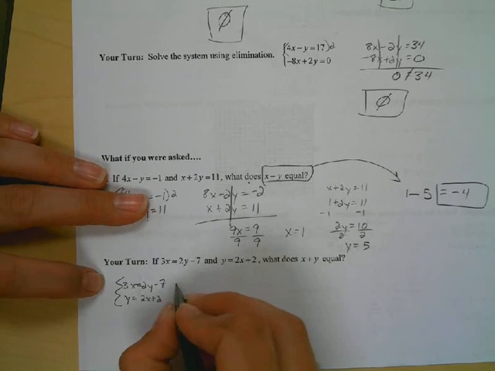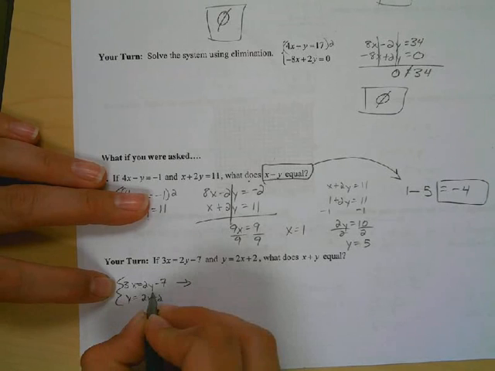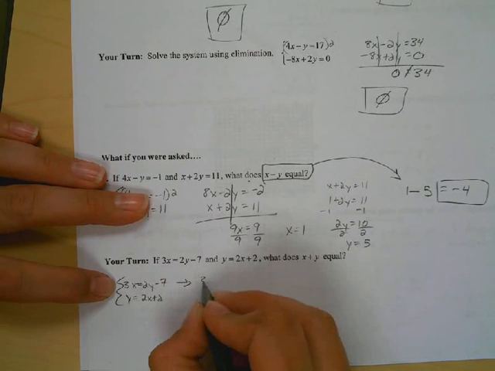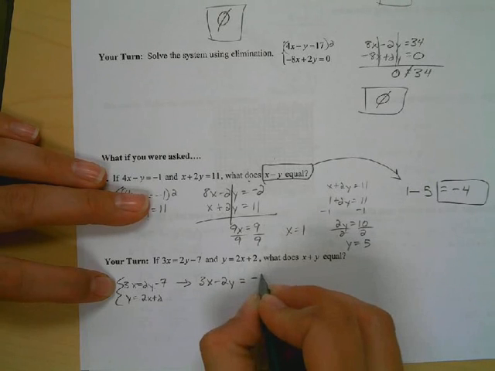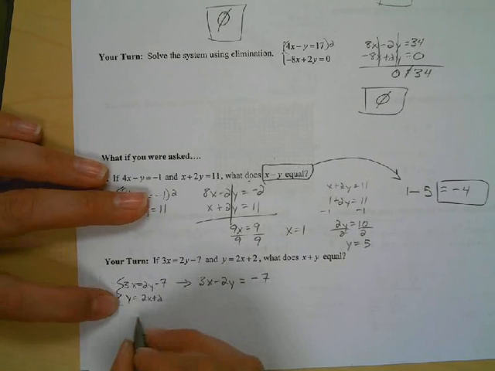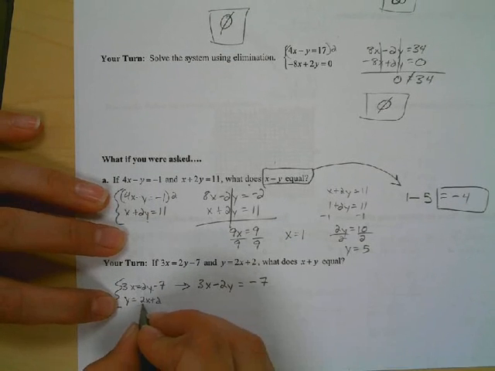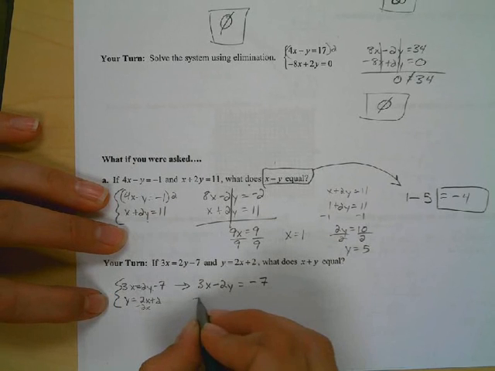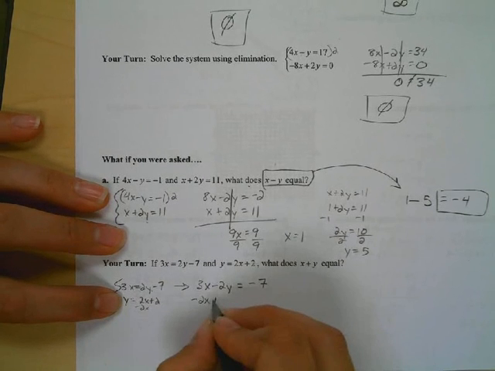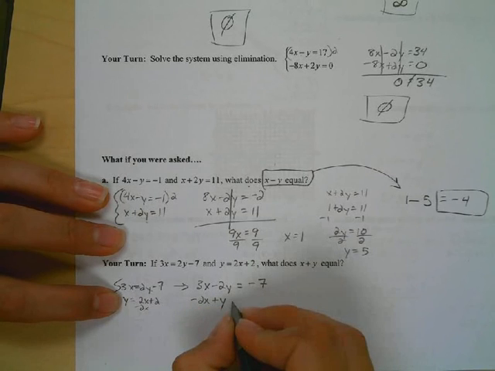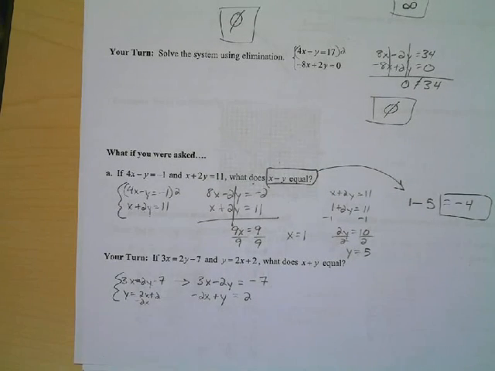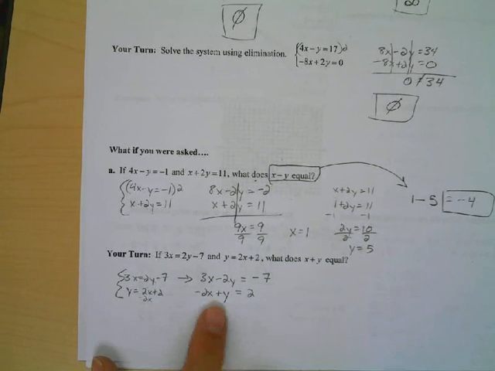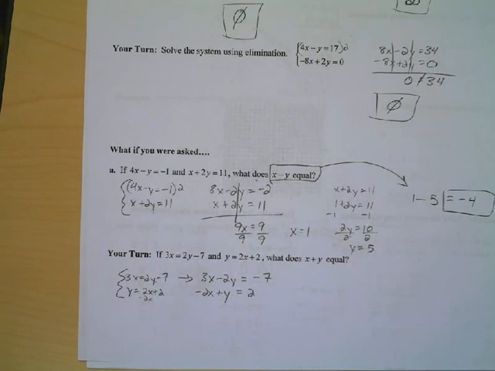So we need to move that 2y over, so I get 3x minus 2y is negative 7. Same thing here, subtract your 2x over, so I get negative 2x plus y equals positive 2.